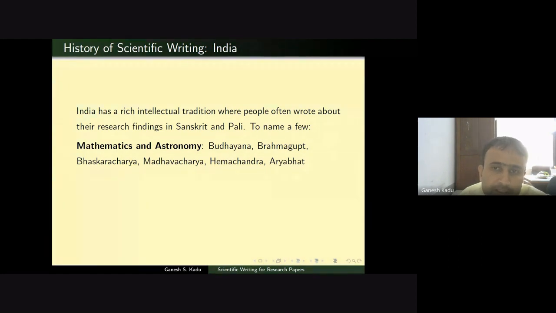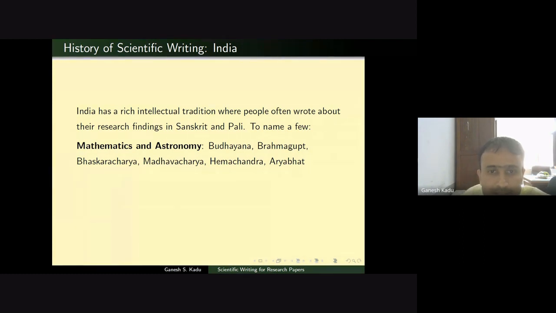In ancient India, for example, we had a rich intellectual tradition, and people often wrote about their scientific findings in various languages, but particularly you will find these writings in either Sanskrit or Pali, and there are some other regional languages also.